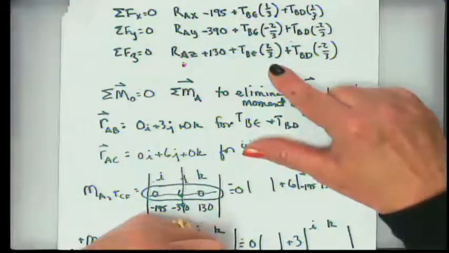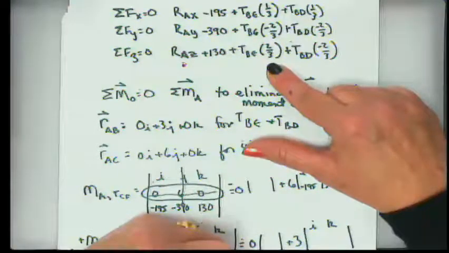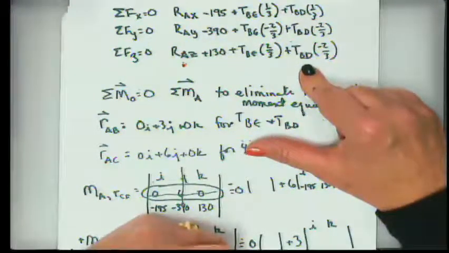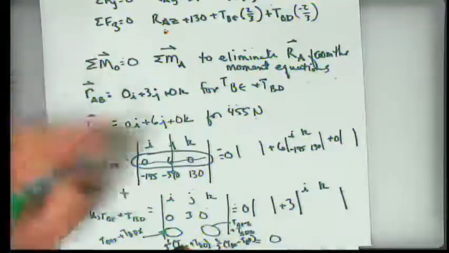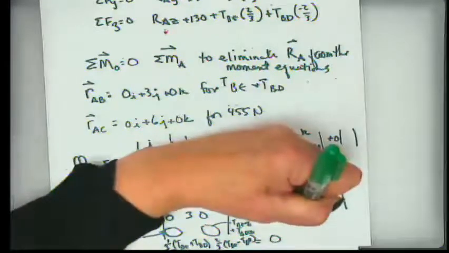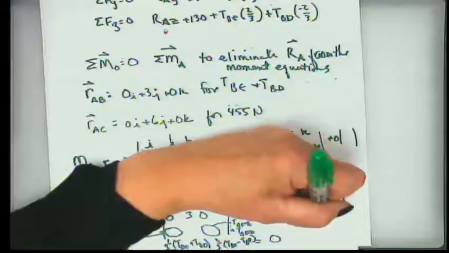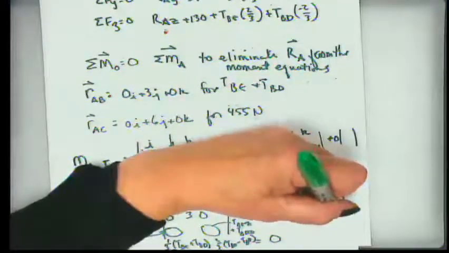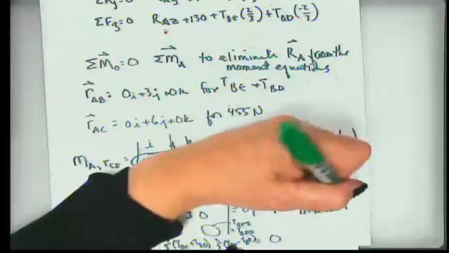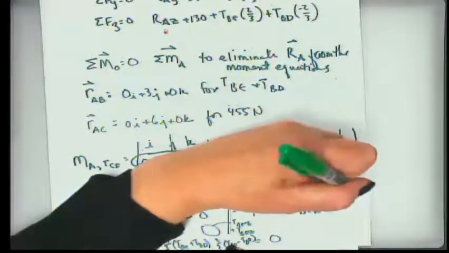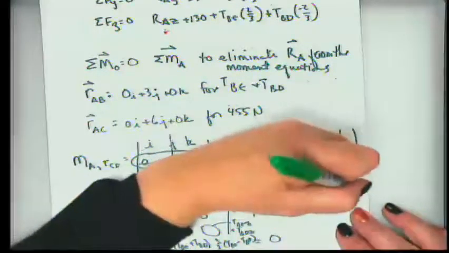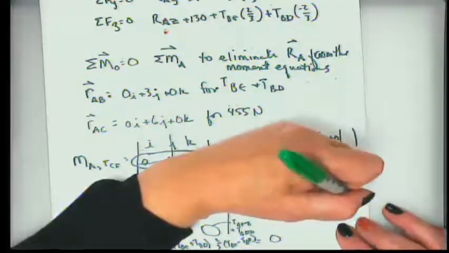So 2/3 times TBE minus TBD. So this kind of puts your arithmetic skills to the test. We got a lot of stuff. All right. So that means then in this position I have 1/3 times TBE plus TBD. And over here, I should have drawn this bigger, I have 2/3 times TBE, I'll redraw this in just a minute, minus TBD.